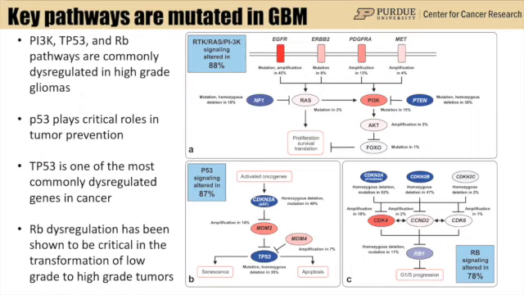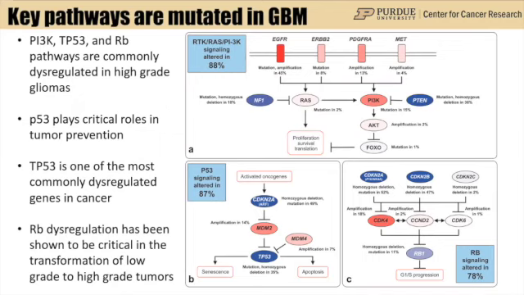These are the PI3K, RTK, RAS pathways shown here at the top, the P53 signaling pathway here at the bottom left of the figure, and then the RB pathway, which is also dysregulated, primarily in terms of copy number variations. Each of these pathways plays a critical role in oncogenesis.